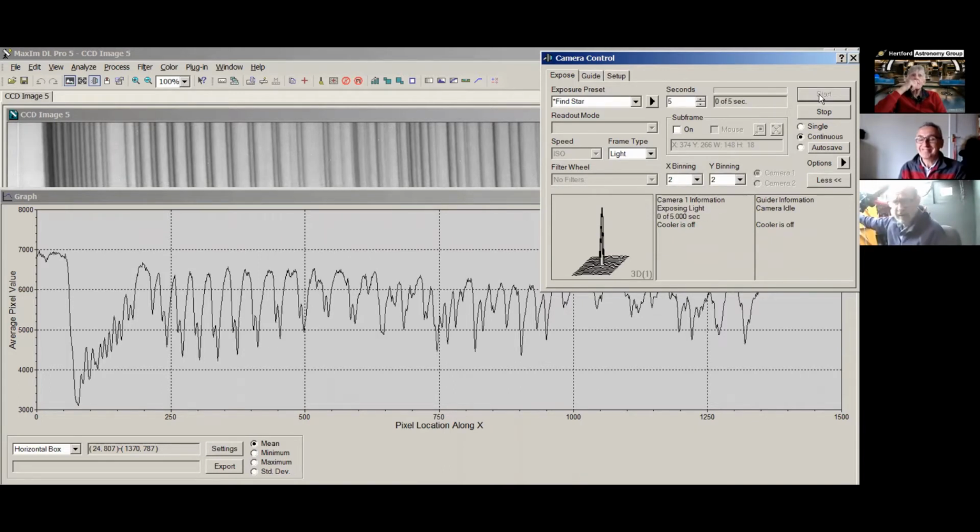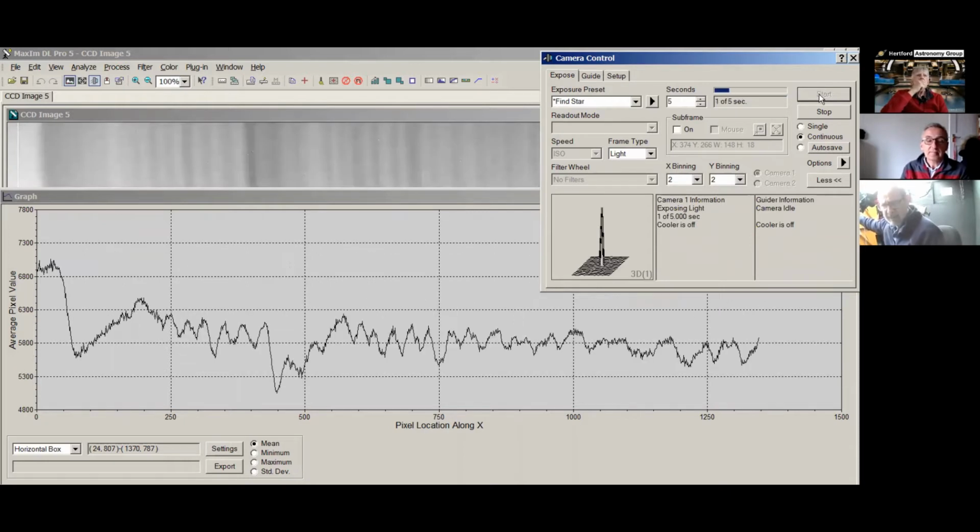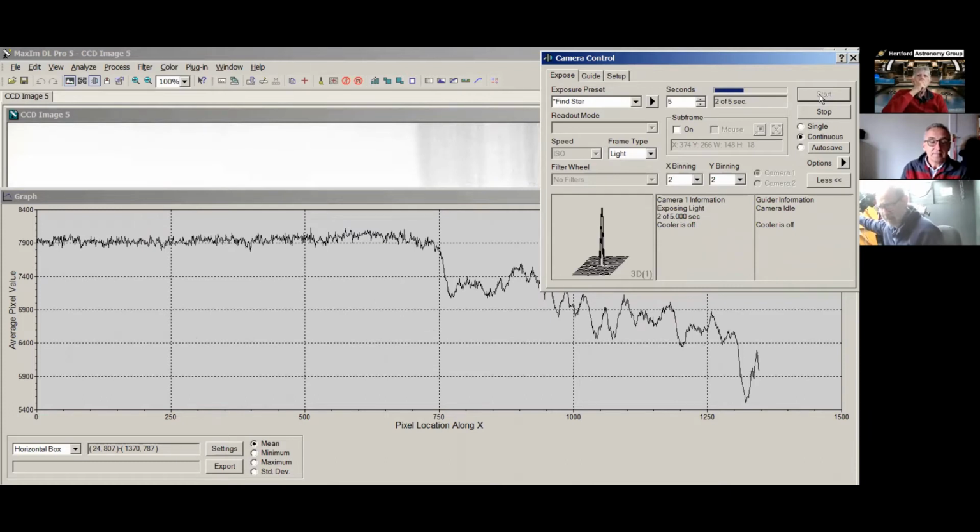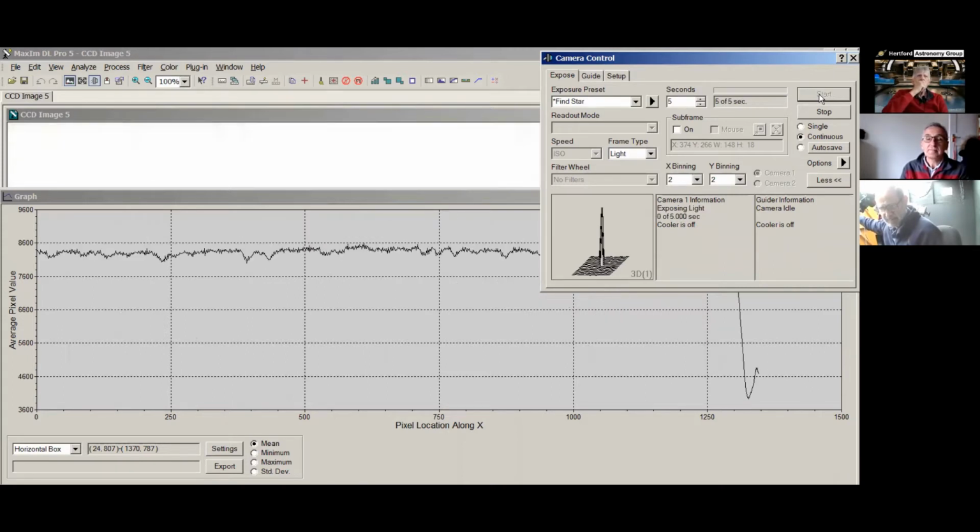Right. So let's start the journey through the spectrum. I'm just moving the micrometer gauge, and you can see it's changing. I'm moving it down to the H alpha line. The optimum exposure seems to be set at 5 seconds at the moment, although I may have to change that to see how it settles down.